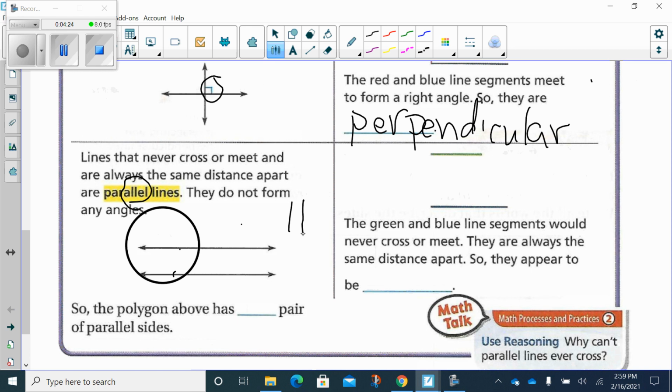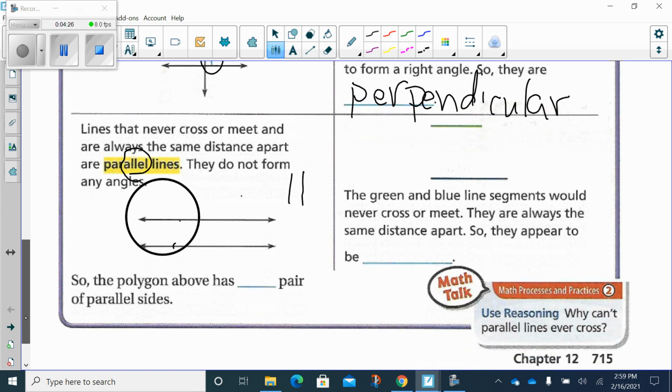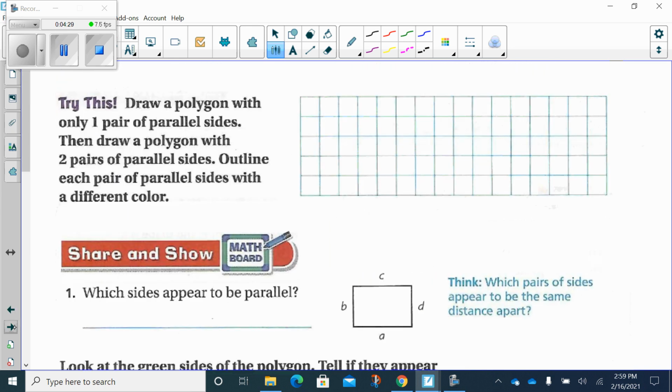Okay, so let's go down. We are going to draw a polygon that has only one pair of parallel sides. So let's look here. We're going to go along this line and along this line, but I'm going to make that one a little bit longer.